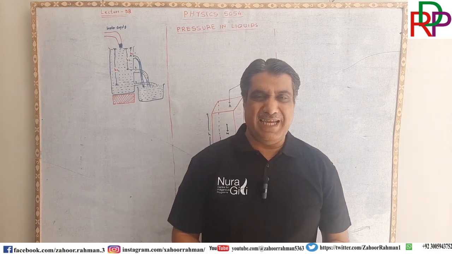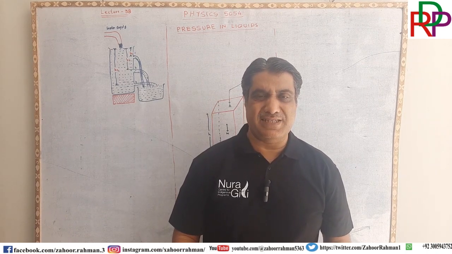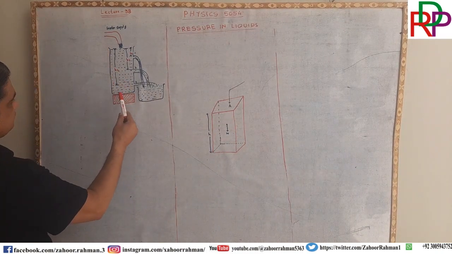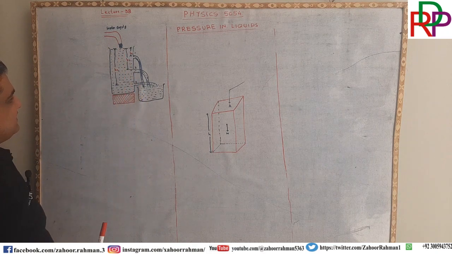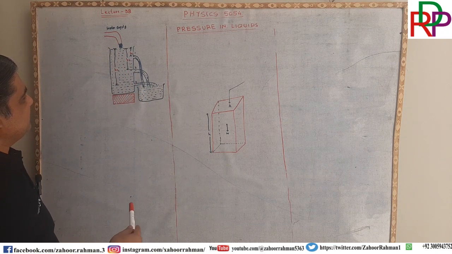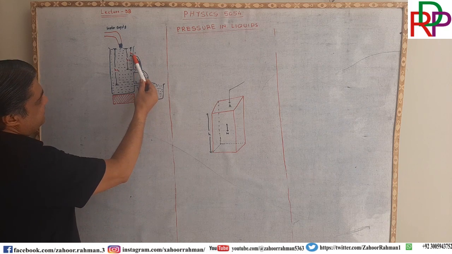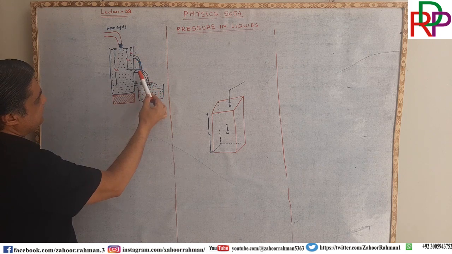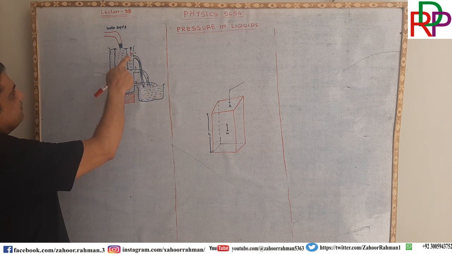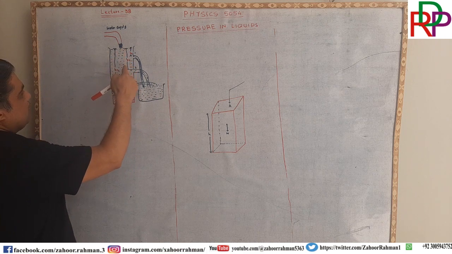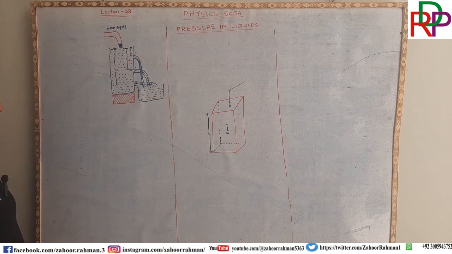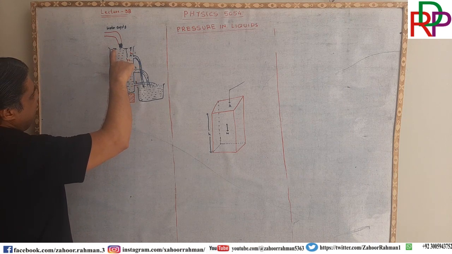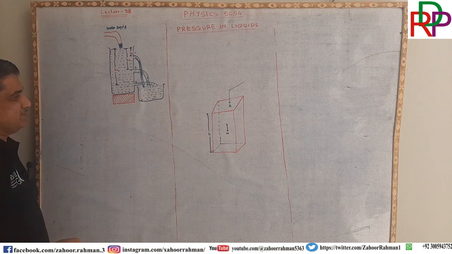To explain it further, let us consider a tall vessel of water with side tubes at different heights. The first outlet is at height H1, the second outlet is at H2, and similarly the third outlet is at H3 level.